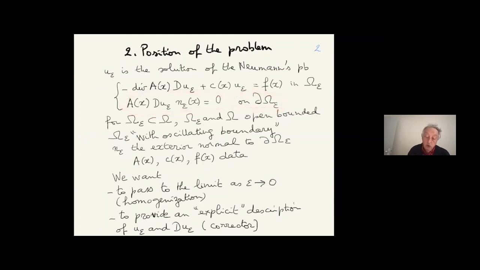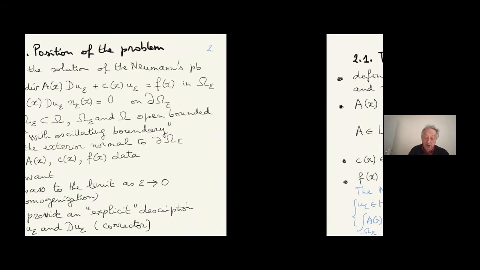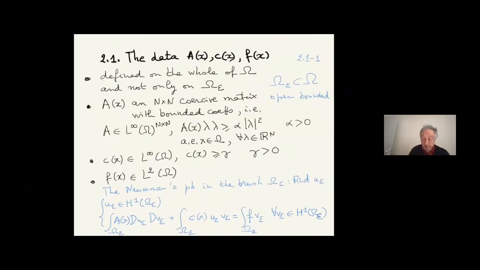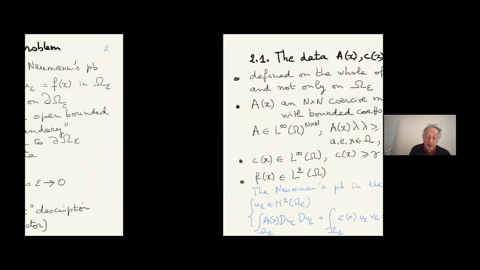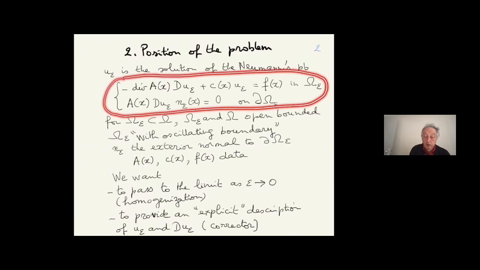But we know that if omega epsilon is sufficiently smooth, then the solution of this problem is a solution of the partial differential equation with Neumann boundary condition.